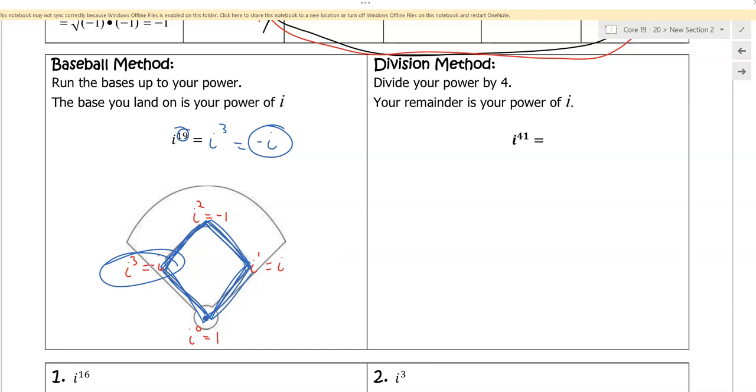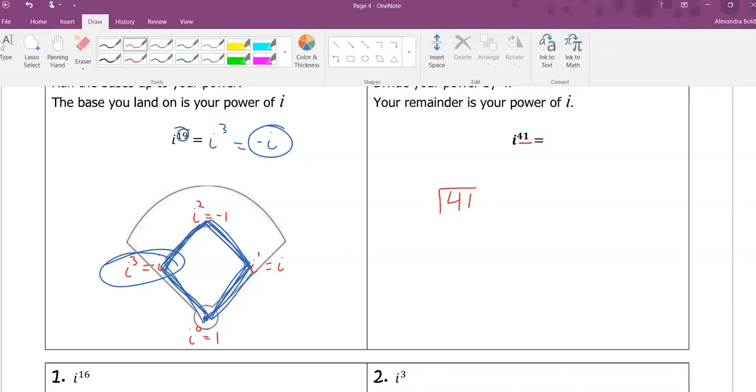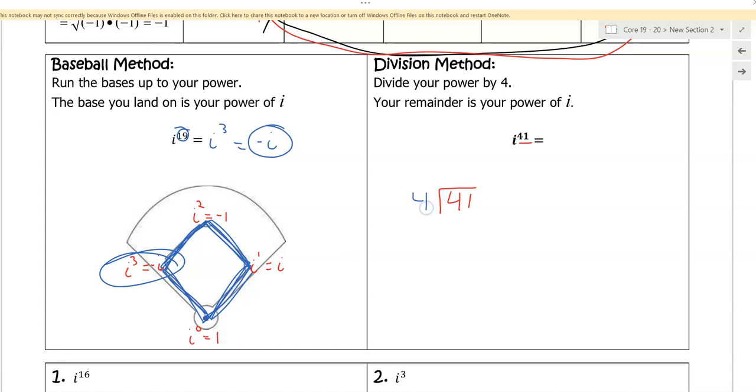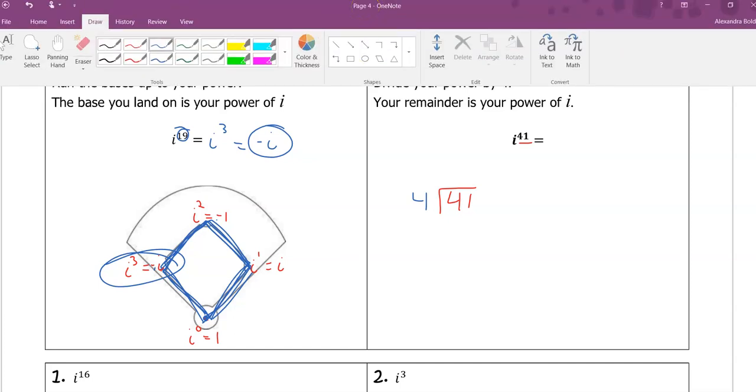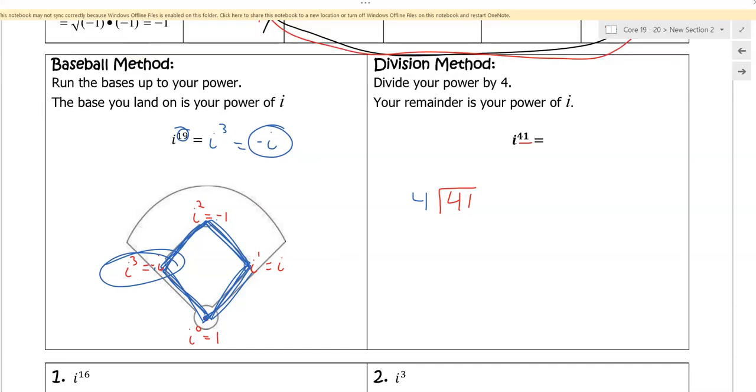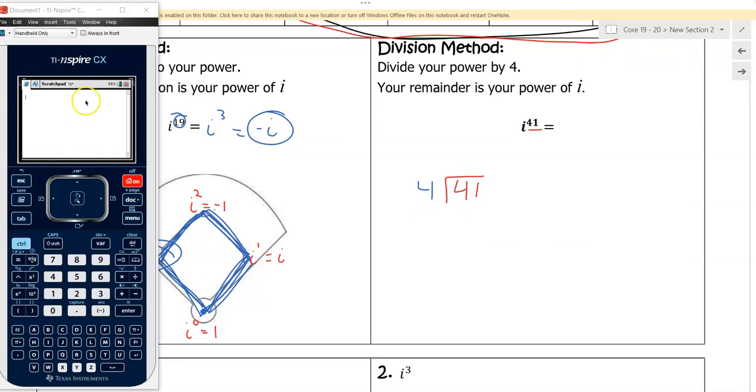So then we have this division method. Okay? So we take the number 41, our power, and divide it by 4, the 4 bases that we're running around. You divide 41 by 4. So if we look at our calculator, this means 41 divided by 4.